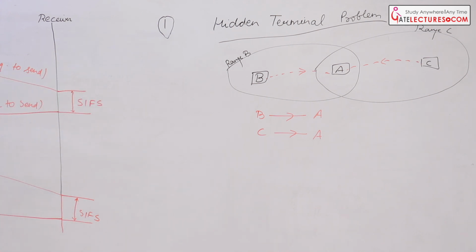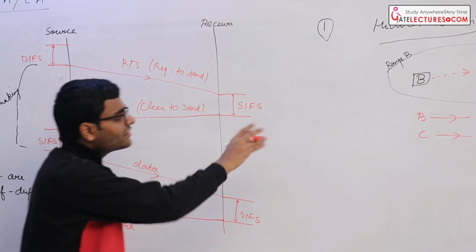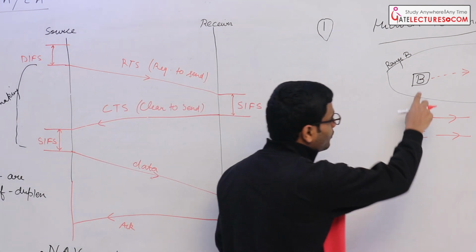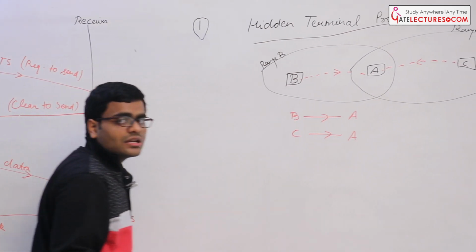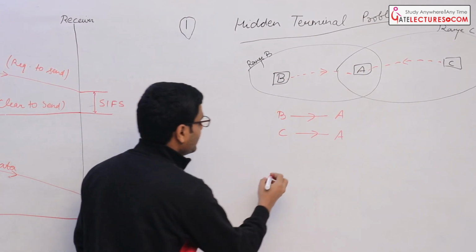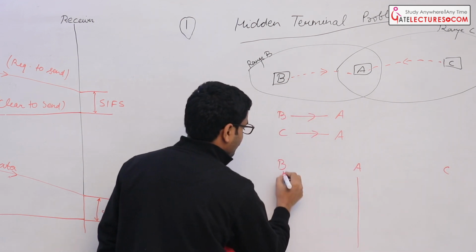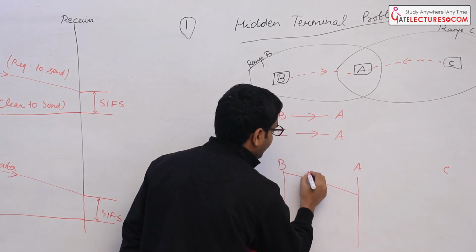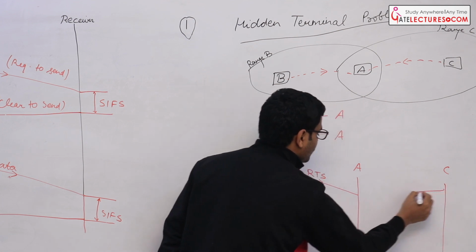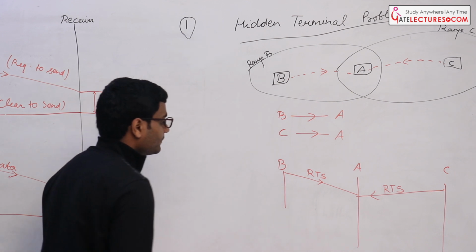So how do the handshaking signals help in avoiding this problem? Suppose B and C sense the channel at the same time and both find it idle. So B will send an RTS signal to A and C also sends an RTS signal to A.